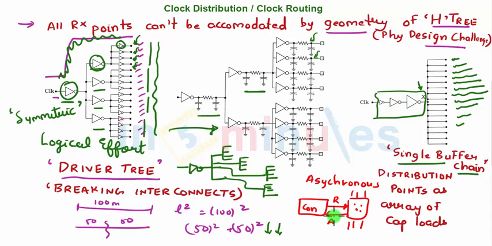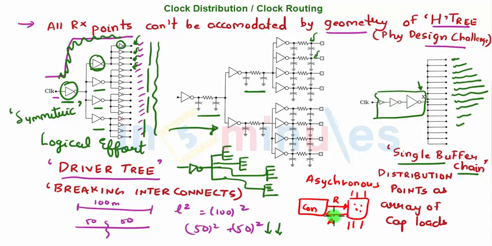In this clip, we saw that the clock can be distributed to different receiver points by grouping them. We also saw the concept of partitioning. We saw that partitioning and grouping helps us to make the groups, but still to drive those groups is itself a challenge. So we saw the concept of H trees, in which the length of the interconnect, if being the same, all the receiver points might receive the clock at the same time, and we also needed to ensure that the load capacitance value is the same.